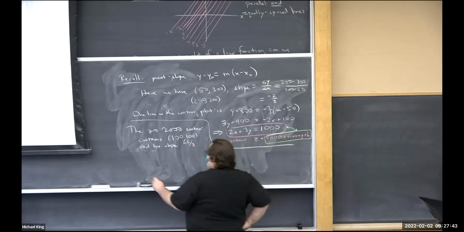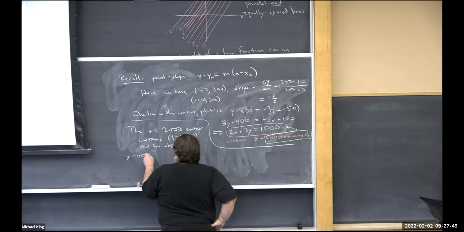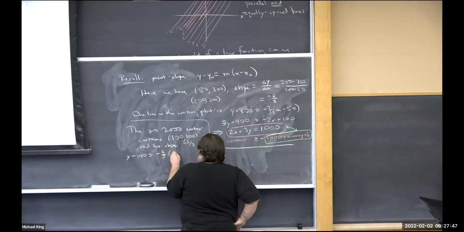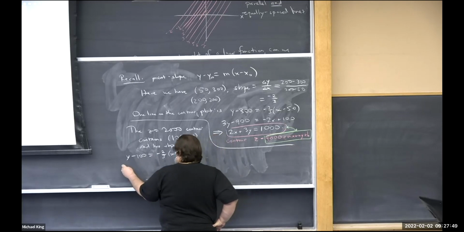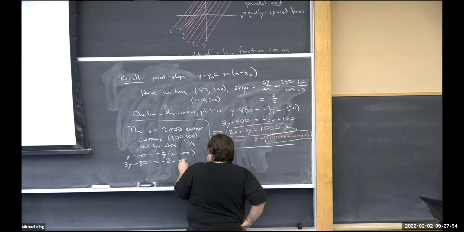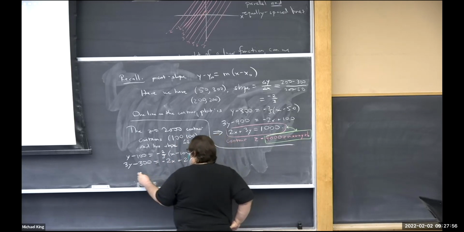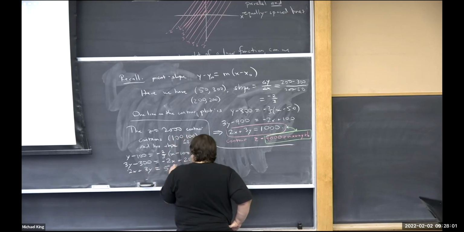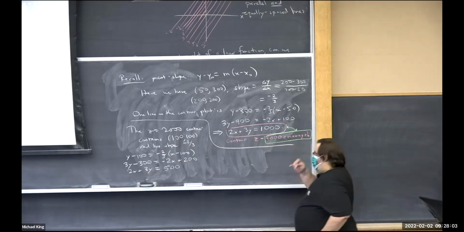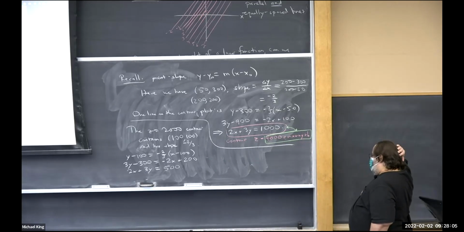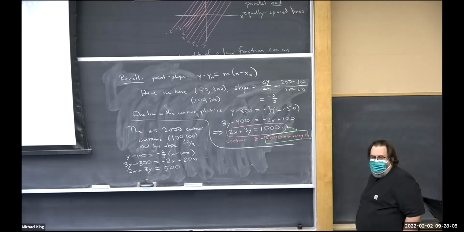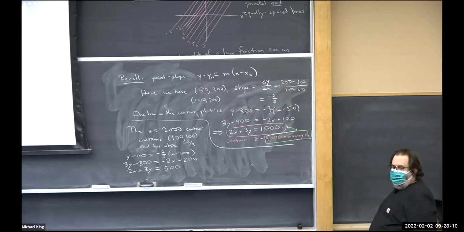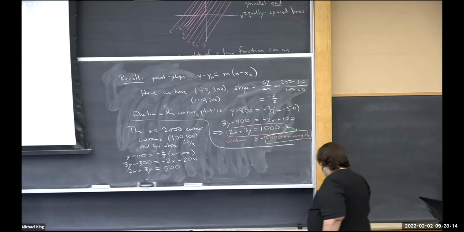So that's y minus 100 equals negative 2/3 times x minus 100. We can play the same game and rearrange this. Again, check my math, but I think I did that rearrangement correctly. So this is the z equals 2000 contour.